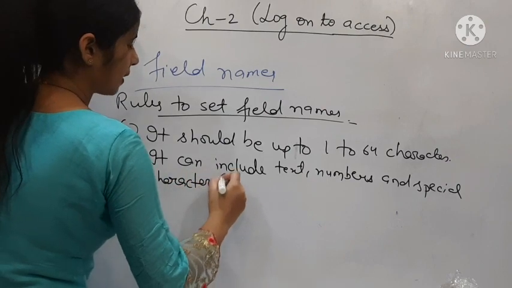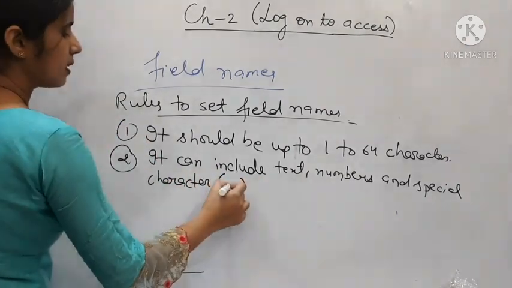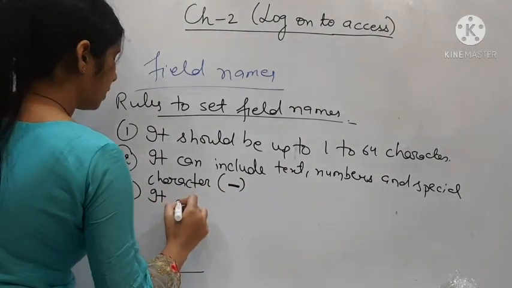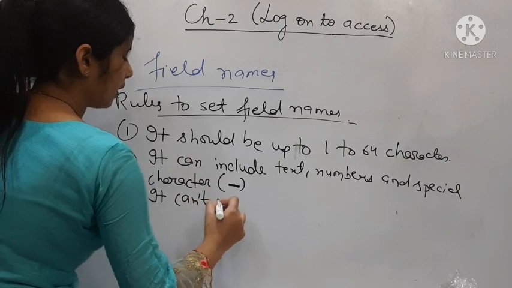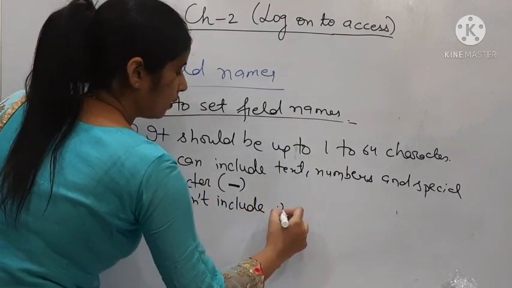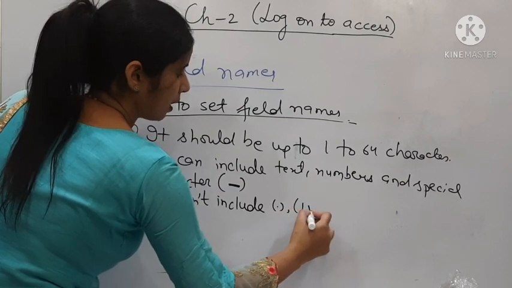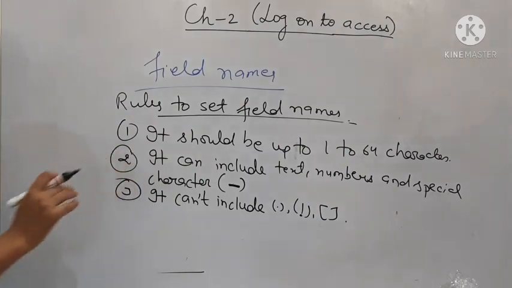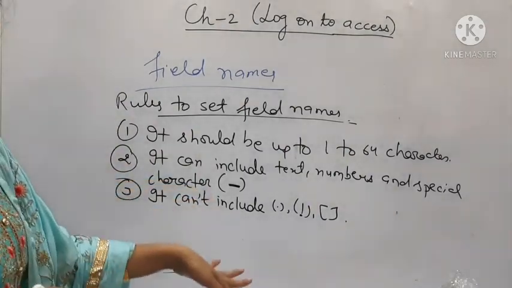What is a special character? It is underscore. The third one is, it can't include dot, exclamation mark and square bracket. It can't include these 3 symbols there.